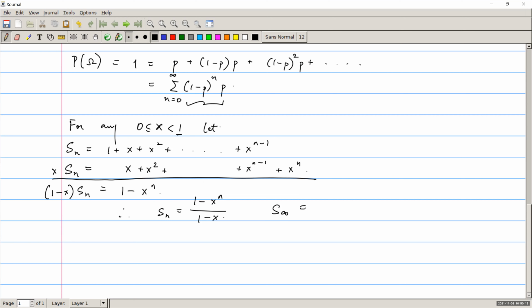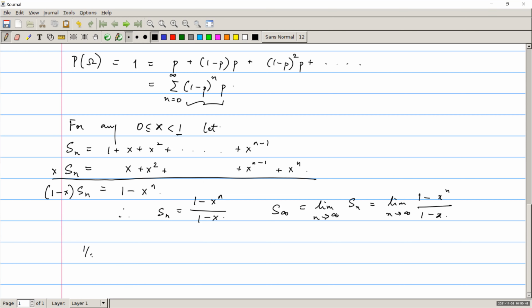What is the limit as n goes to infinity? Would it be negative infinity? No. So this is the limit as n goes to infinity of Sn. Right, so here this is basically (1 minus x to the n) divided by (1 minus x).